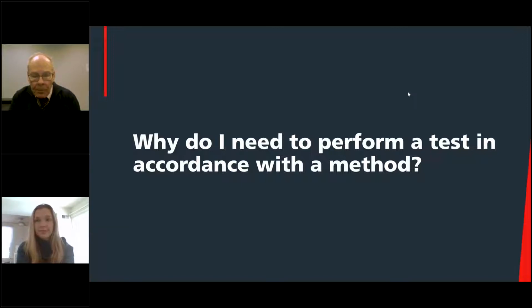So the test method is an industry prescribed procedure for assuring that your measurement is, in the extreme case, completely accurate, or in some cases, to save time or whatever, you may use a method that's a little bit briefer, and there may be a little bit of inaccuracy introduced into the result as a result of that.